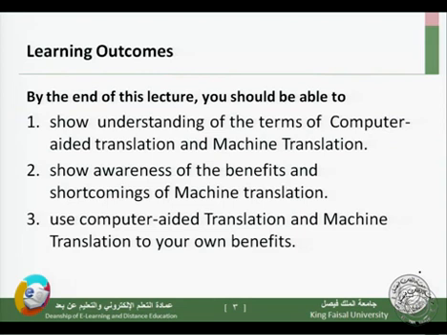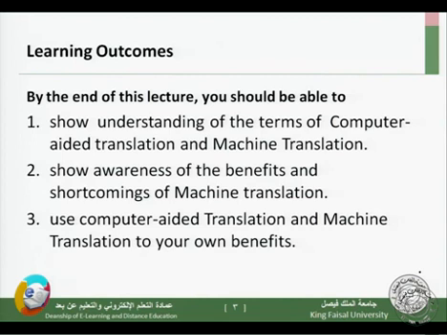Now, the learning outcomes, you should be able to show understanding of the terms of computer-aided translation and machine translation. You should be able to show awareness of the benefits and shortcomings of machine translation.